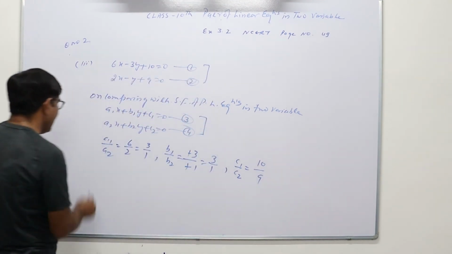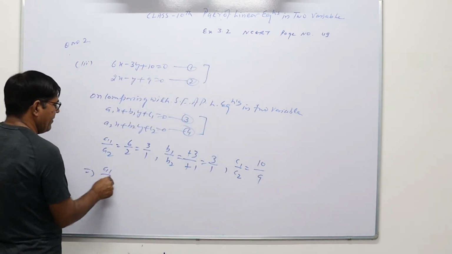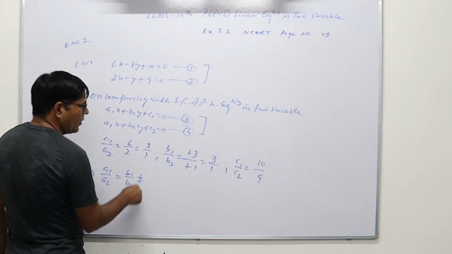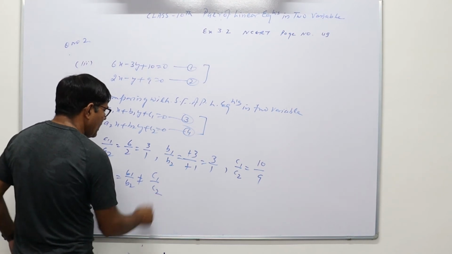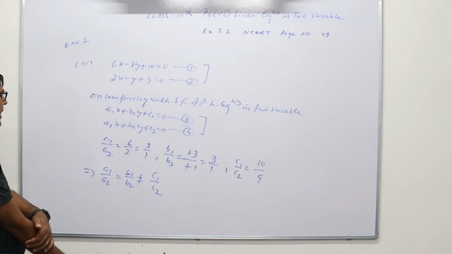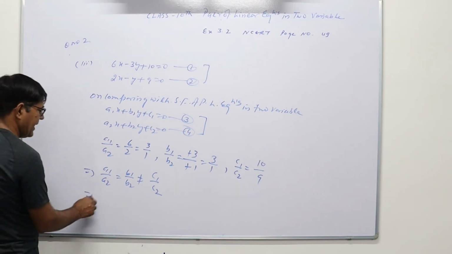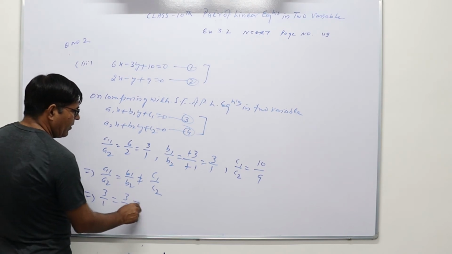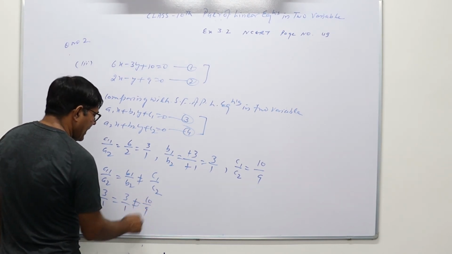So here it implies that a1 upon a2 is equal to b1 upon b2 is not equal to c1 upon c2, that is 3 upon 1 is equal to 3 upon 1 is not equal to 10 upon 9.